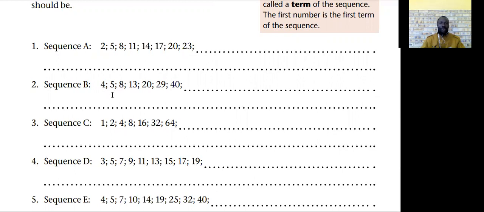Notice that from 4 to 5, 1 was added onto it. Then from 5 to 8, 3 was added. Then from 8 to 13, 5 was added. So the first being 1, the second being 3, the next being 5.